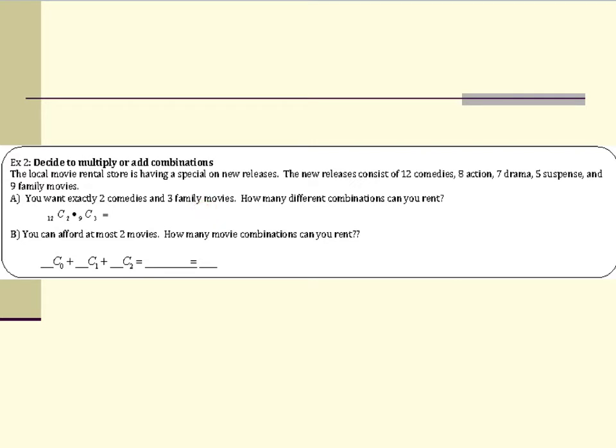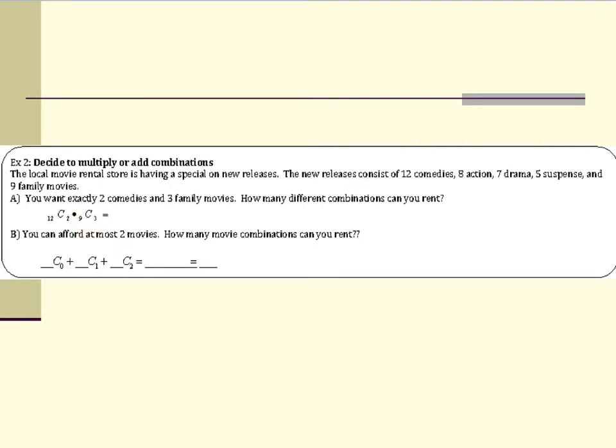So there are multiple events occurring here. I like to think multiple events tells me to multiply things. Whenever I have multiple things that I want to happen, I'm going to multiply my things together. So I have 12C2 because I have 12 comedies and I want 2 of them. So I have 12C2 times, for my family movies, well, I've got 9 family movies, and I want 3 of them, so that's 9C3.